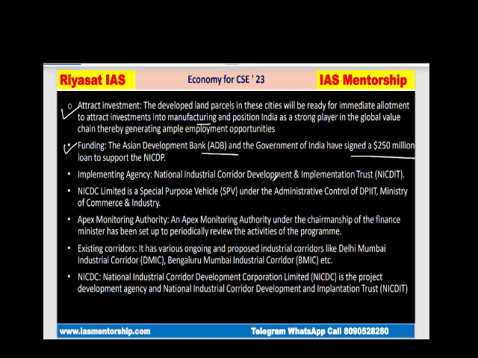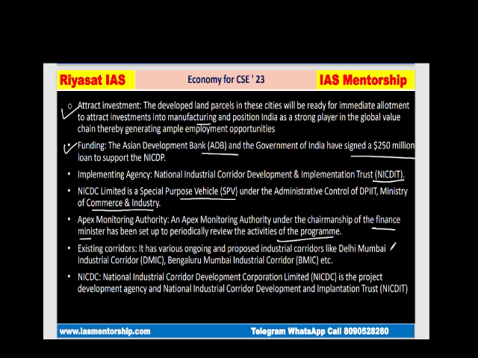What is the implementing agency? The implementing agency is NICDIT, that is your National Industrial Corridor Development and Implementation Trust. What is NICDIT? Basically, it's a special purpose vehicle which comes under the Ministry of Commerce and Industry. Clear? An apex monitoring authority will be there, and who will chair that? This monitoring authority will be chaired by the Finance Minister, who will give periodic review of the activities.